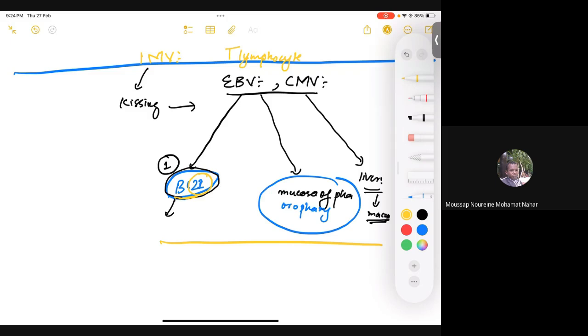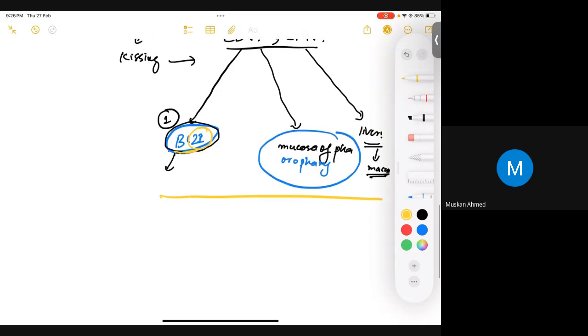But we already know as a general concept, whenever we have a viral infection, T cells are going to come, they're going to attach, if you remember, MHC 1 and destroy all of the cells: cytotoxic T cells. Is that clear now? We did this in immunology, if you remember.